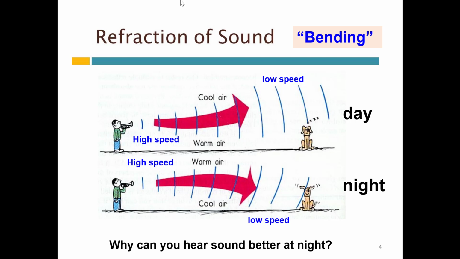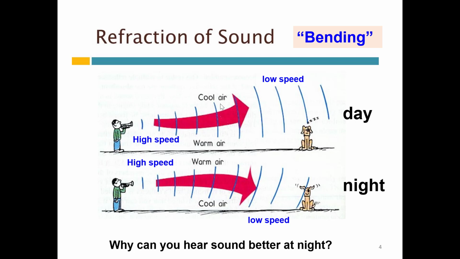What happens is during the day, because of the sun, the ground is hot. Then the air close to the surface is warm, but the air in the upper part is cold.